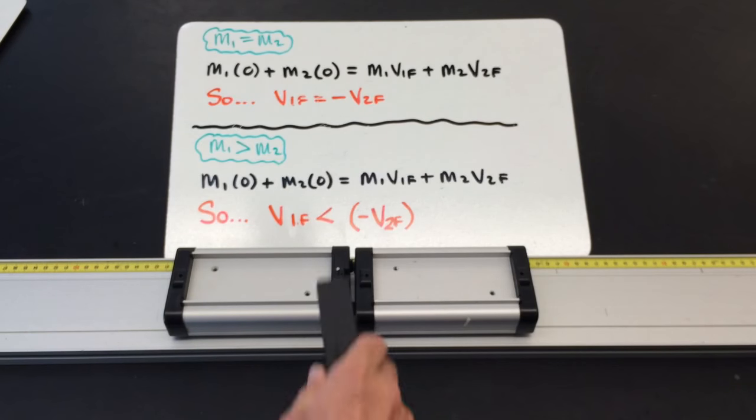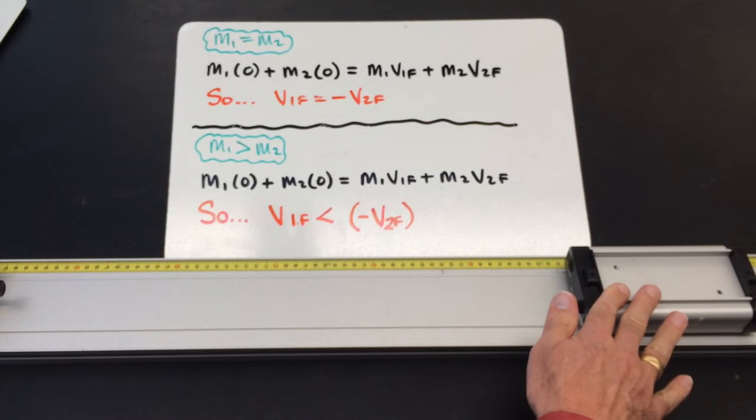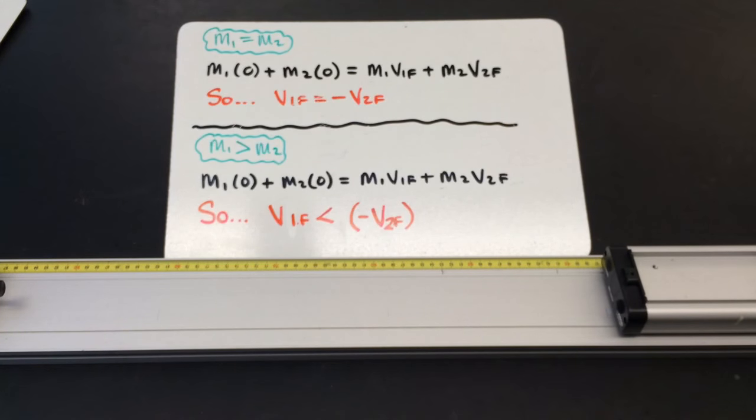I'm going to push the button, cause them to explode, and they move away from one another. The fact that they move away from one another tells us that their velocities are in opposite directions. Because the two masses were the same, the two speeds are the same, but the velocity, of course, includes direction. So the velocity of one object is toward the left, and the velocity of object number 2 is toward the right. Opposite directions.